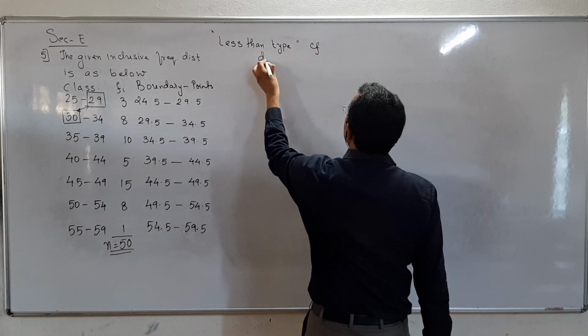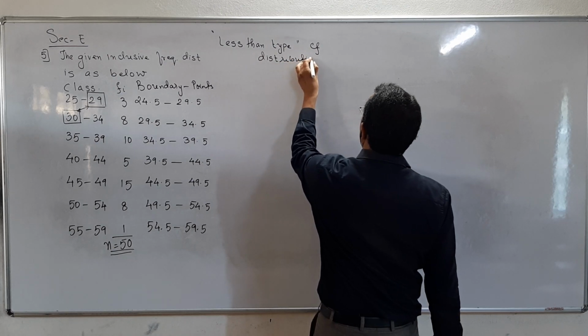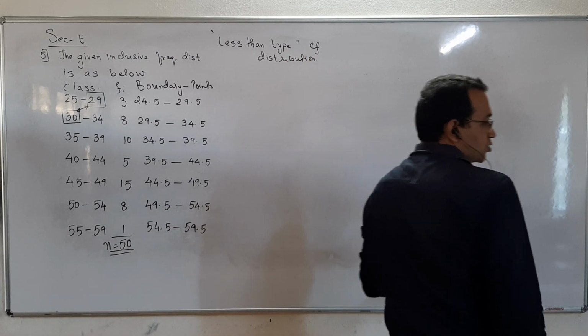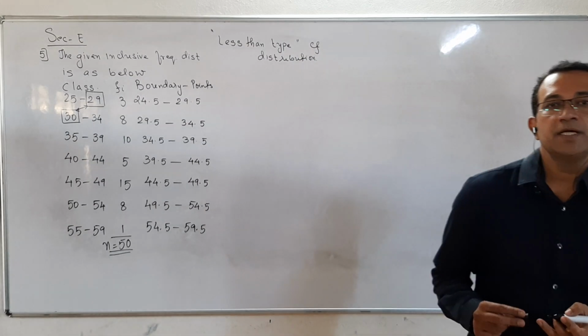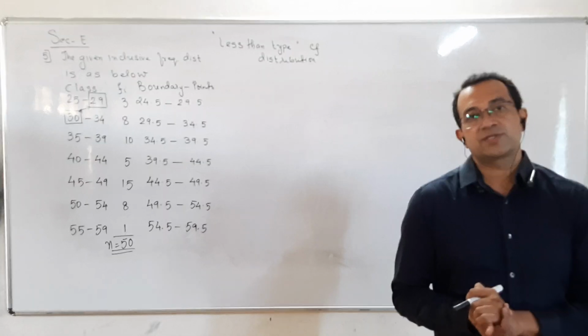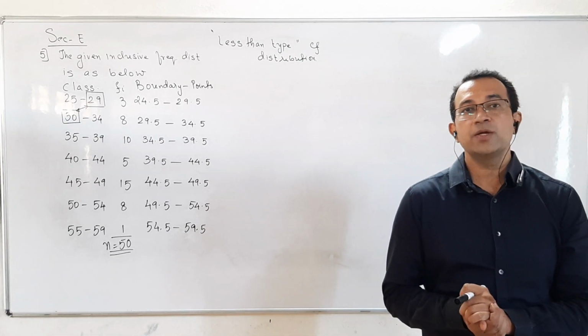In less than type, we take upper boundary points, and in more than type, we take lower boundary points.